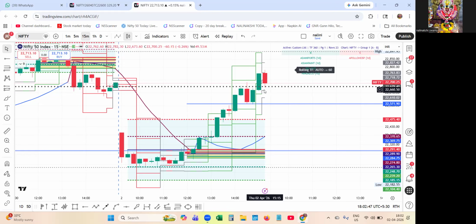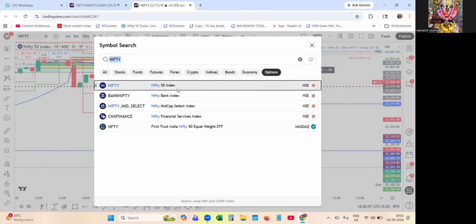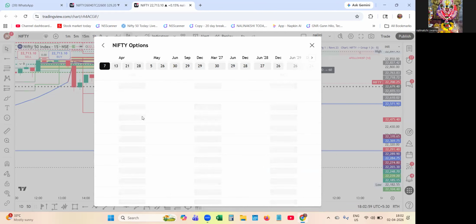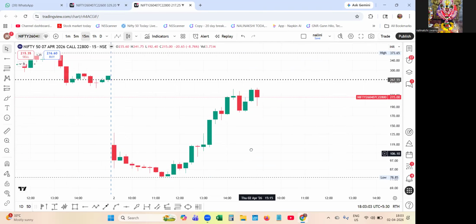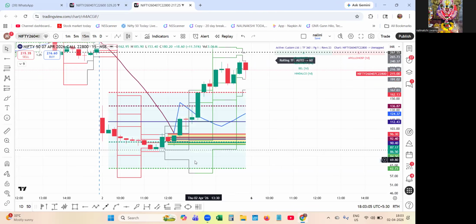You get proper entry. This is how I was able to cash in. Even if you could have gone for a very cheap call option, let me show you the 22,800 call option. You could have entered with ease. When you get a proper entry, you could have entered over here around this area.